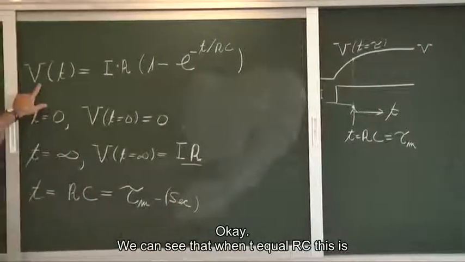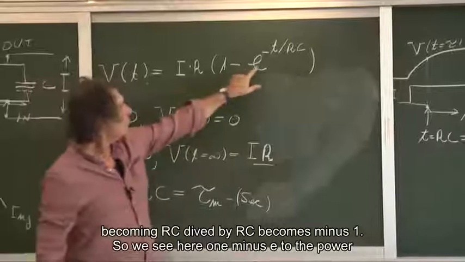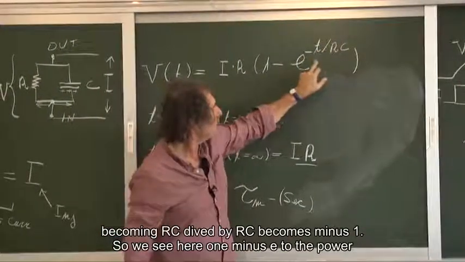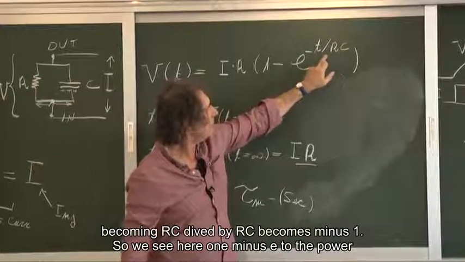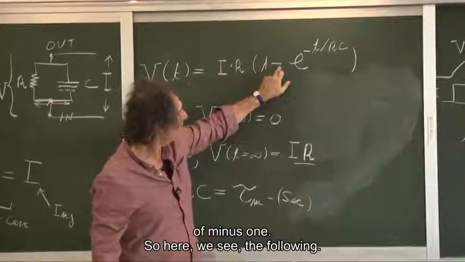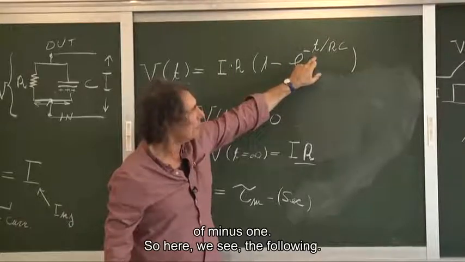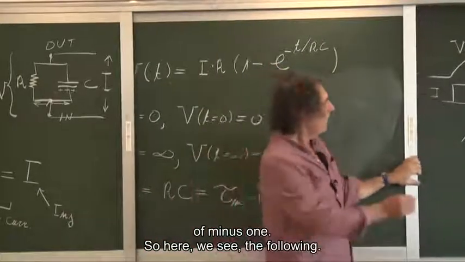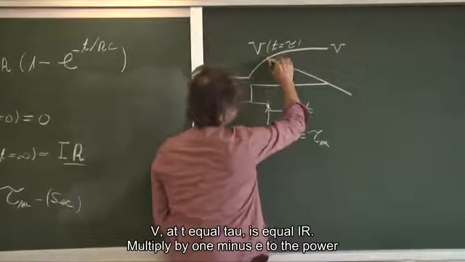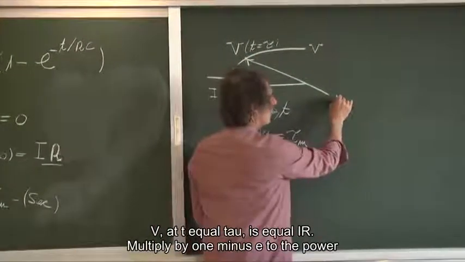Okay? We can see that when t equal RC, this RC divided by RC becomes -1. So we see here 1 minus e to the power of -1. So we see the following.